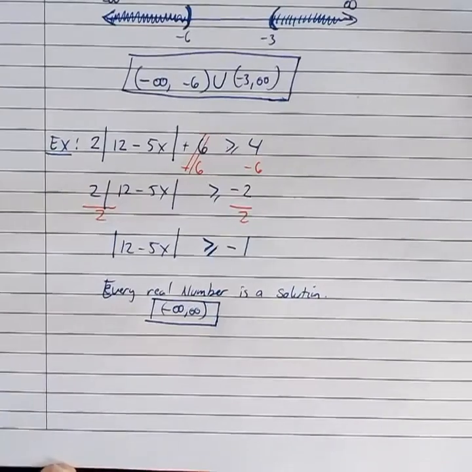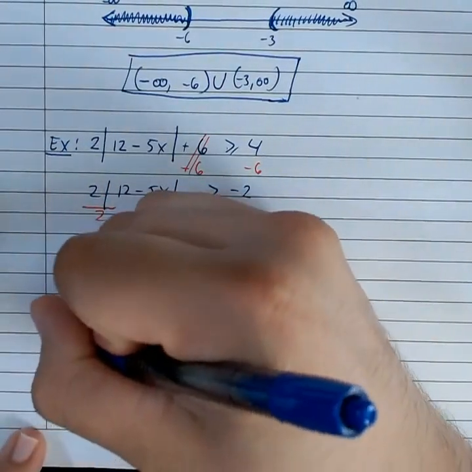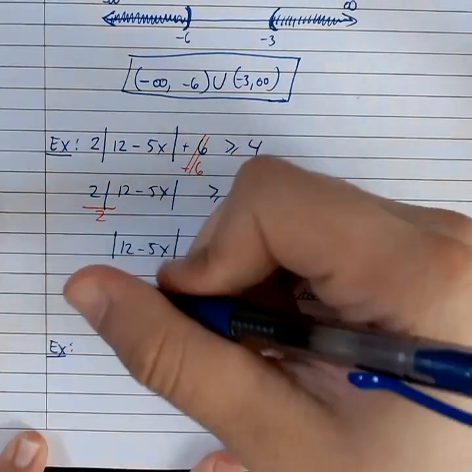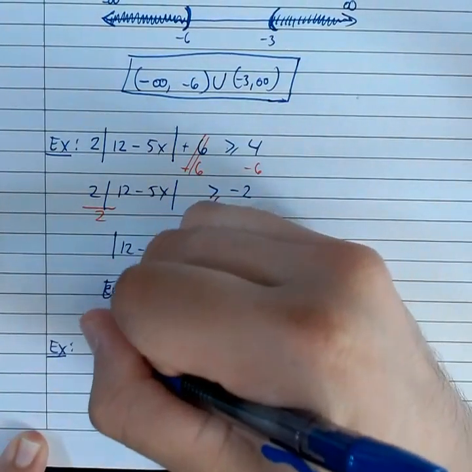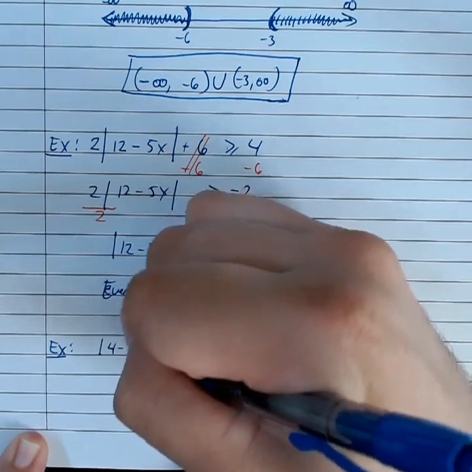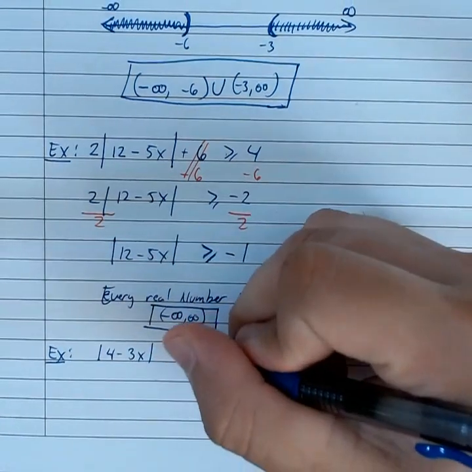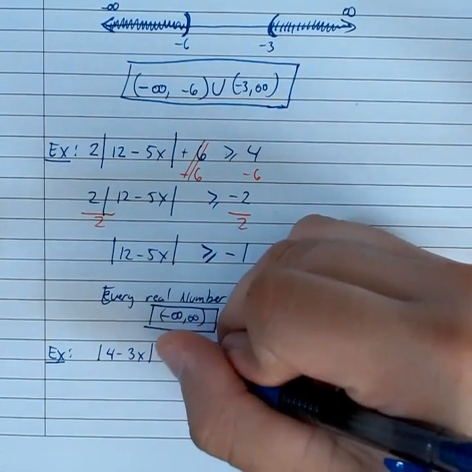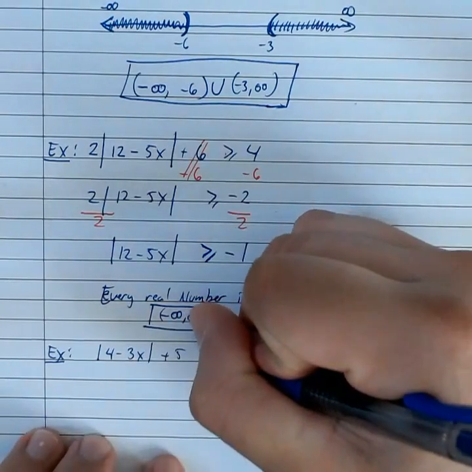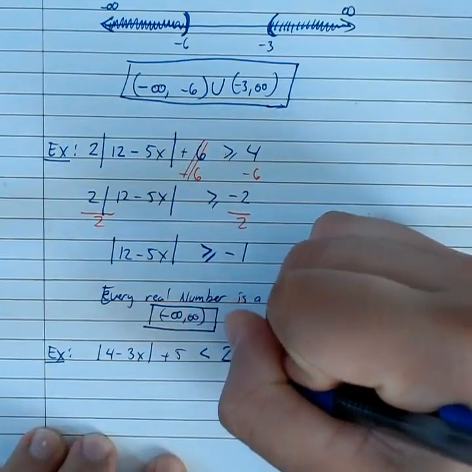If the inequality is in the other direction, you get a different answer, but again, one that's automatic. Let's say I had the absolute value of 4 minus 3x, let's say plus 5, and let's have that be less than 2.